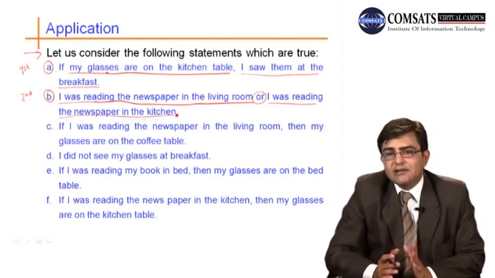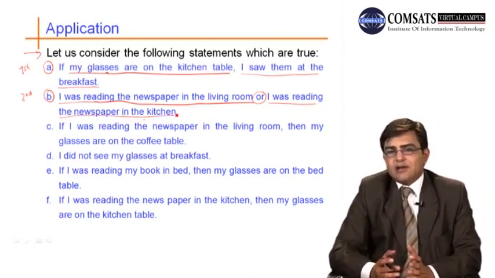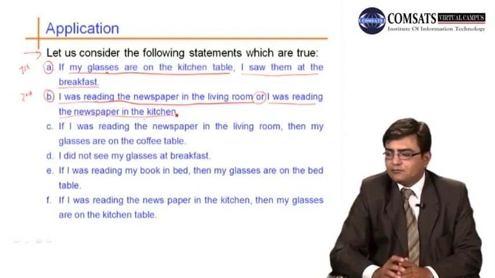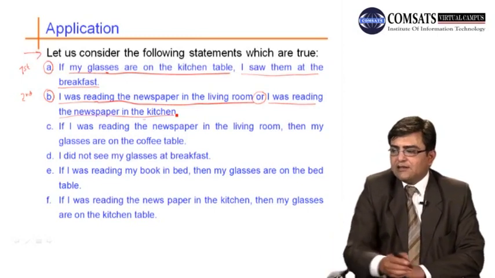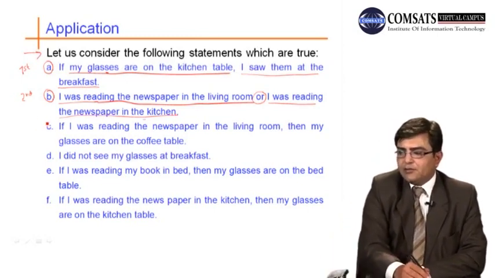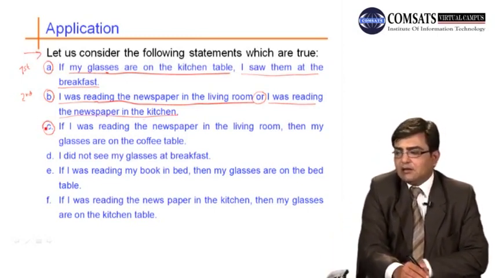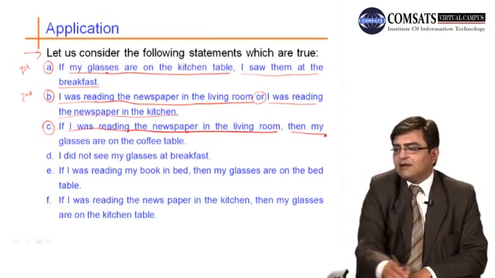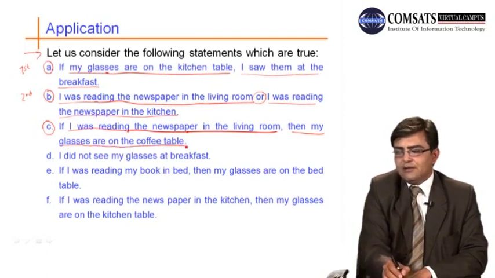So now that person tries to recall where he put the glasses. The third premise, I call it C: if I was reading the newspaper in the living room, then my glasses are on the coffee table.